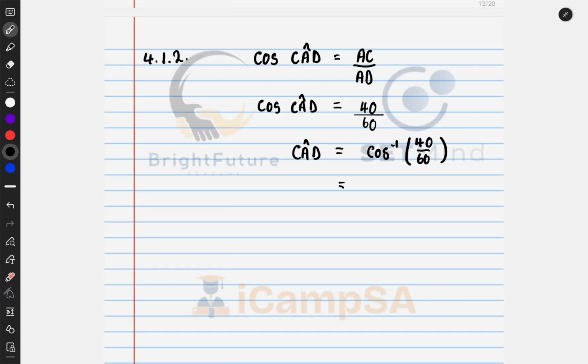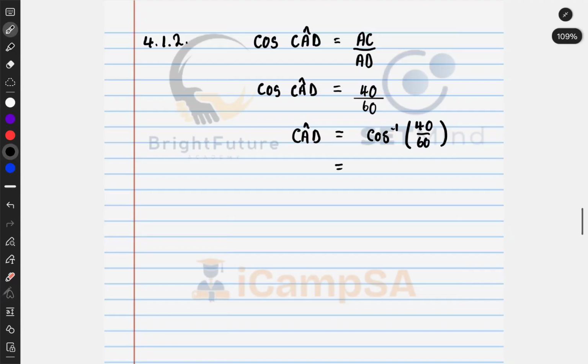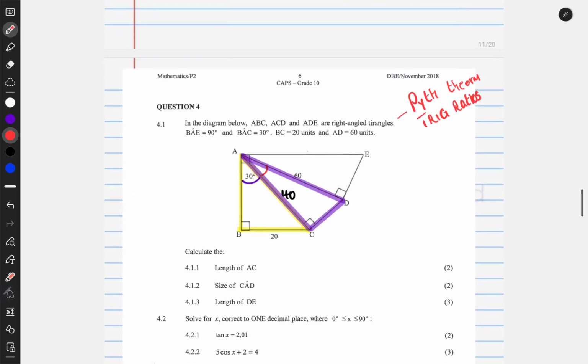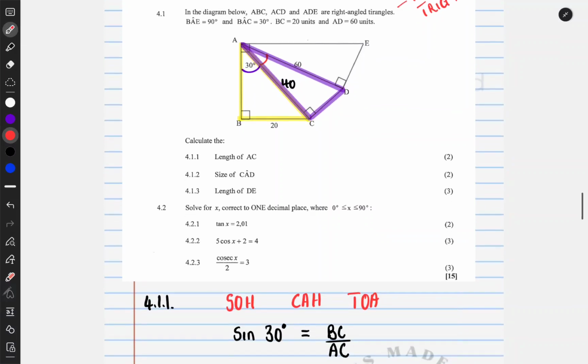Let's quickly punch that in our calculator. Cos inverse 40 over 60 is equal to 48.19 degrees. That's the angle CAD to 2 decimal places. Let me see if they specified. Okay, that is angle CAD.